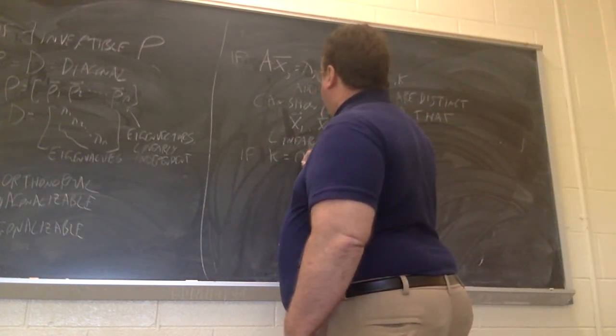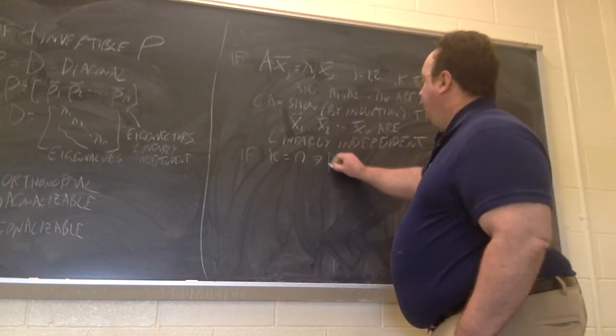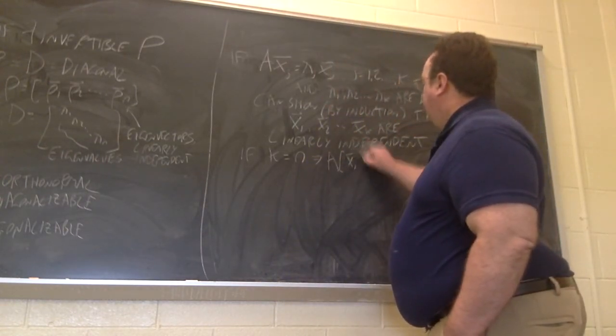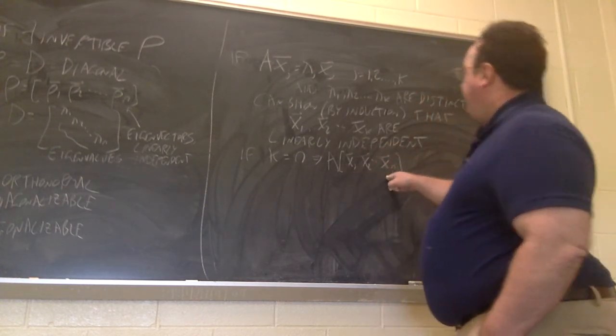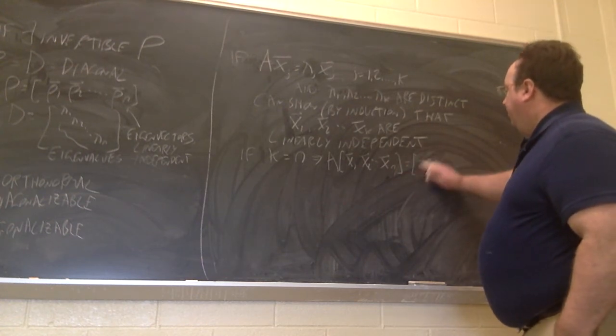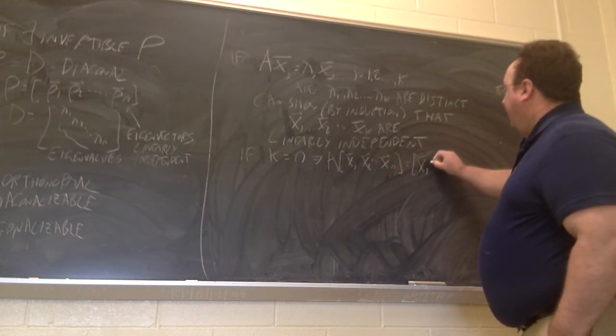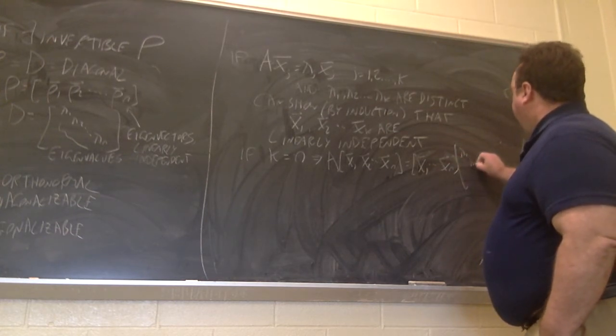So, if k is equal to n, then A times all n of these eigenvectors is equal to these same eigenvectors times the diagonal matrix.